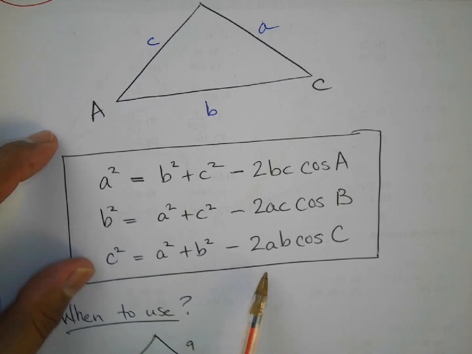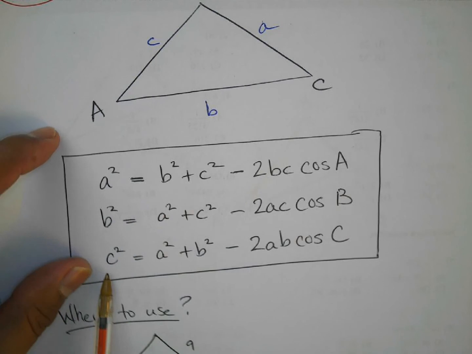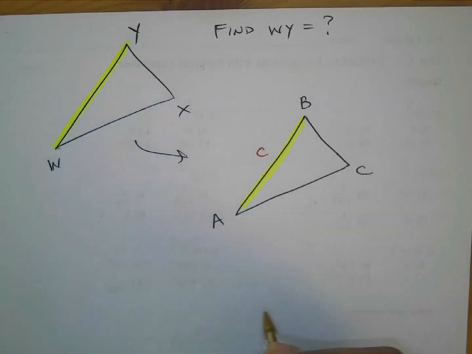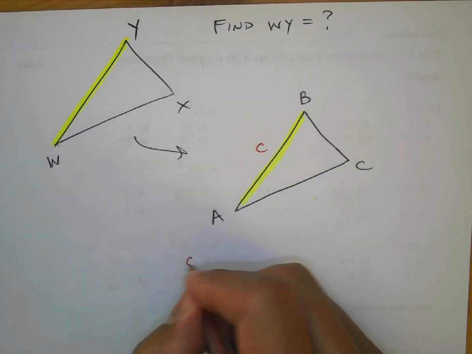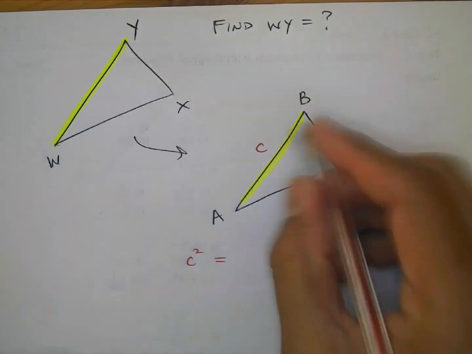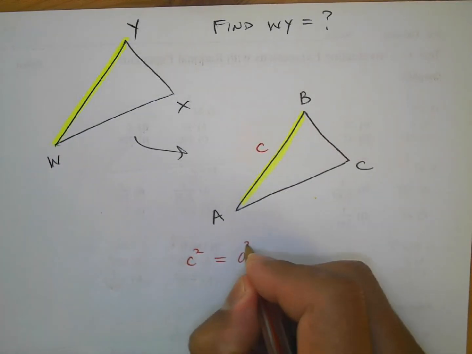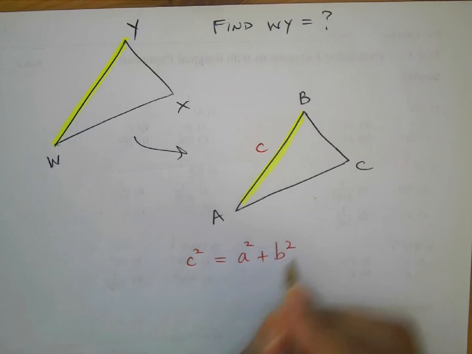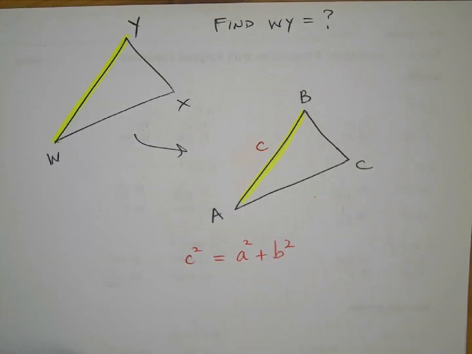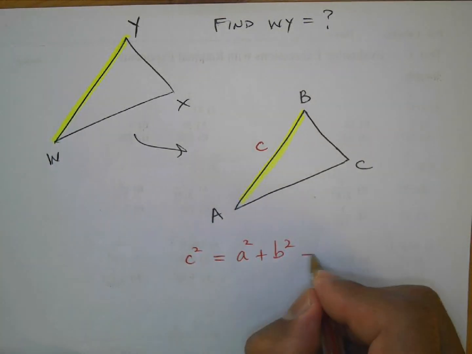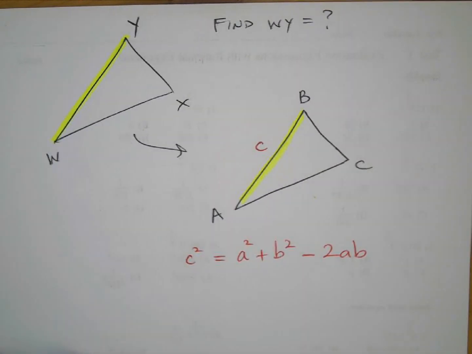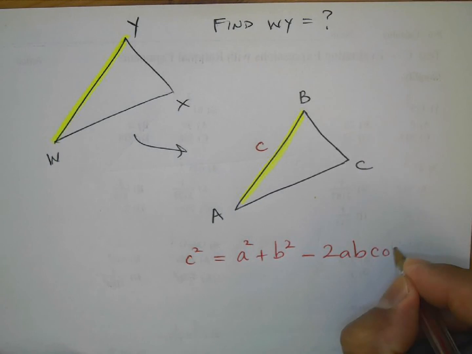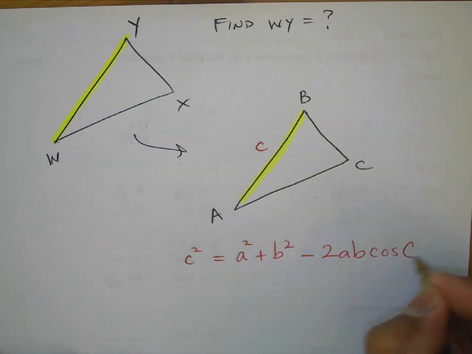Which am I going to use for side C? Well, this one, the one that's solved for C. Let's see if we remember how this pattern goes. C squared is equal to the sum of the squares of the other two sides, A squared plus B squared. And then minus 2 times the product of AB, and then times cosine of angle C.